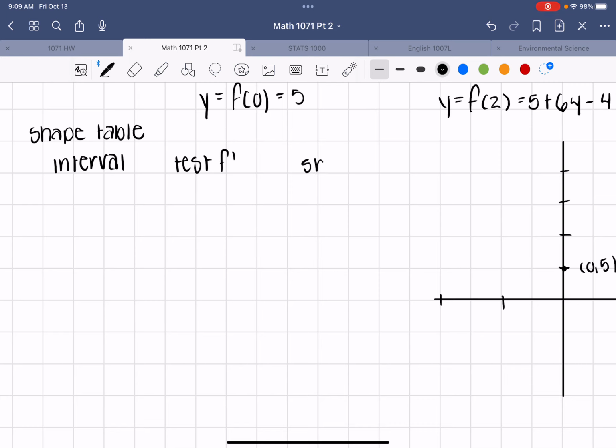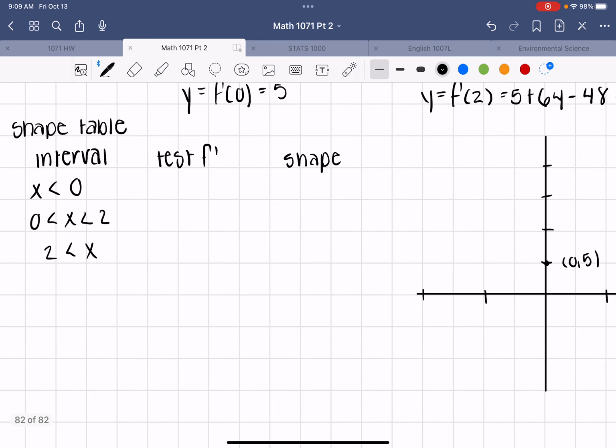So let's test f prime of -1. Now all I care about is whether it's positive or negative. Sure, I could go back to my original, but isn't the factored form easier? If I put in -1, that factor is positive, and that factor is positive. I'm multiplying 2 positive factors, so it's positive, and therefore my shape is increasing.